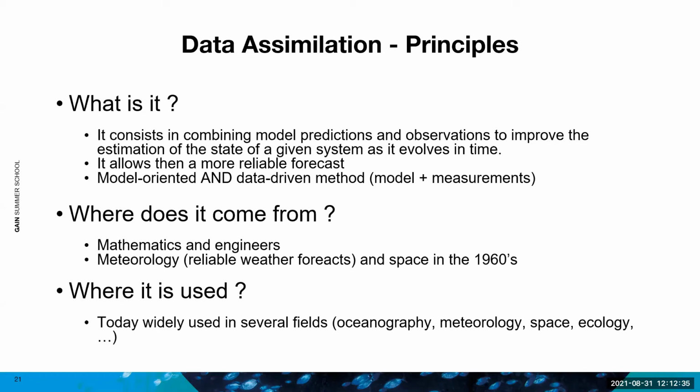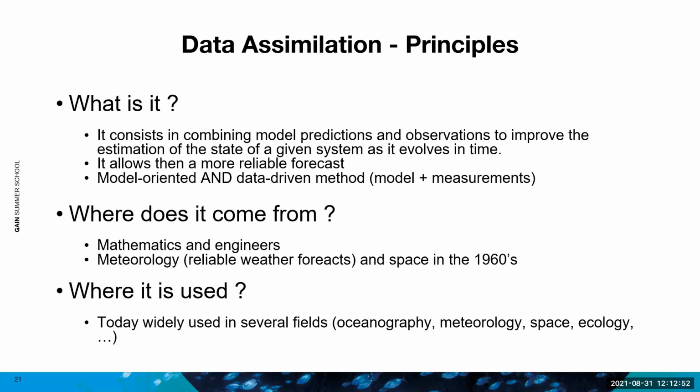So it's a kind of model-oriented method, but also a data-driven method. It means you made a kind of data fusion between what you are observing and what you are predicting. So you use the model and the measurement.